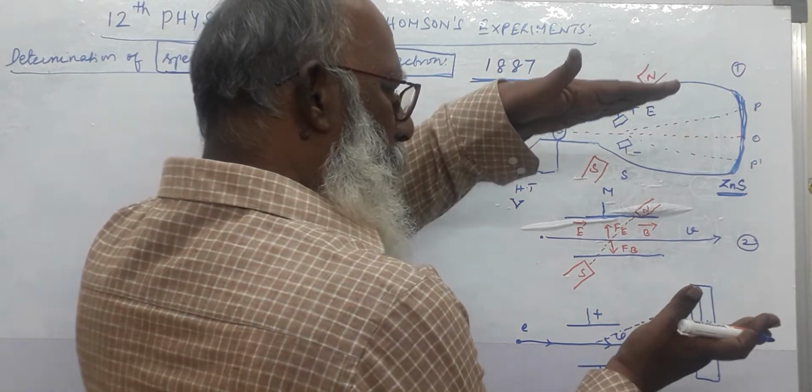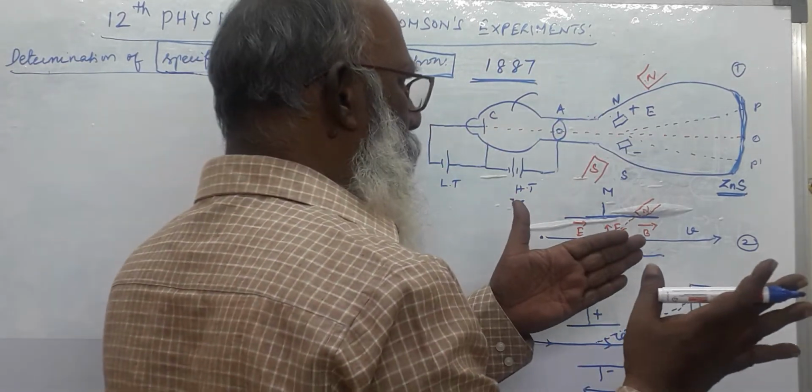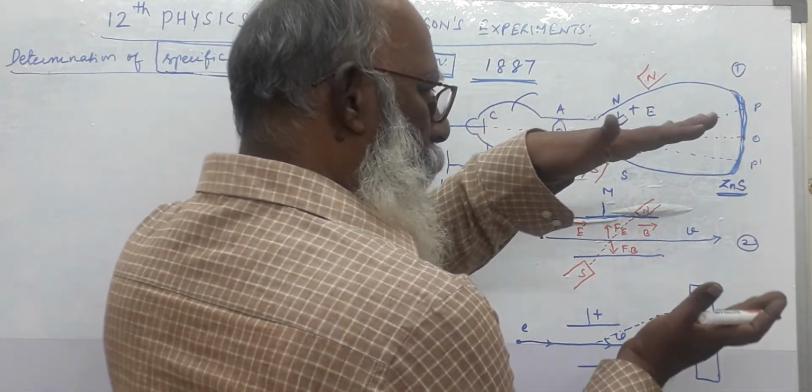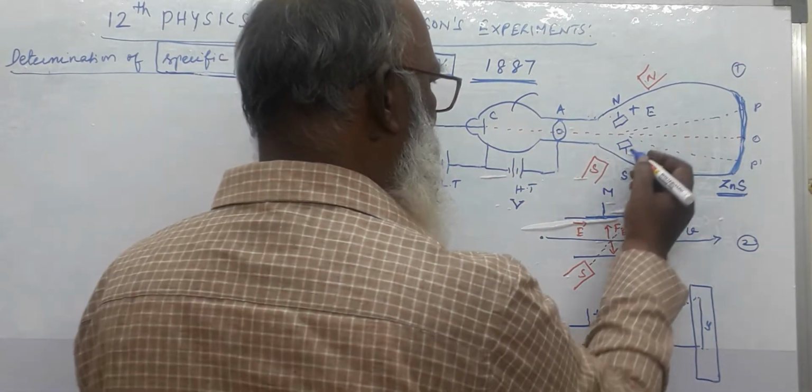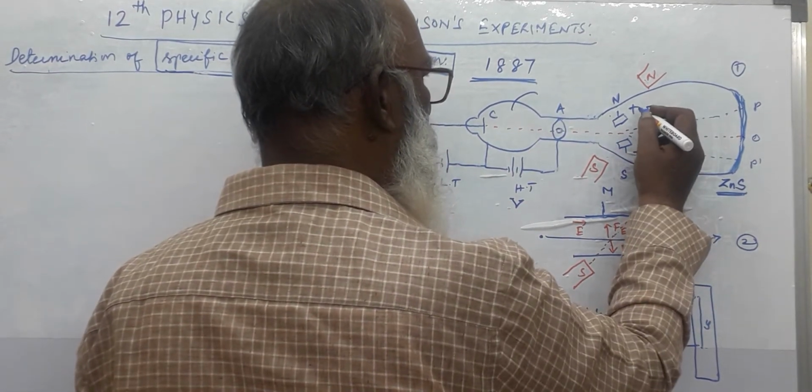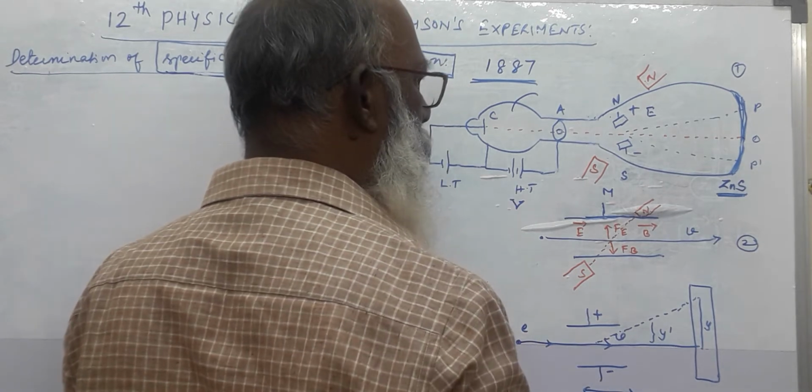Suppose we apply the electric field like this, perpendicular to each other, with the negative plate downwards and the positive plate upwards. Then what happened?